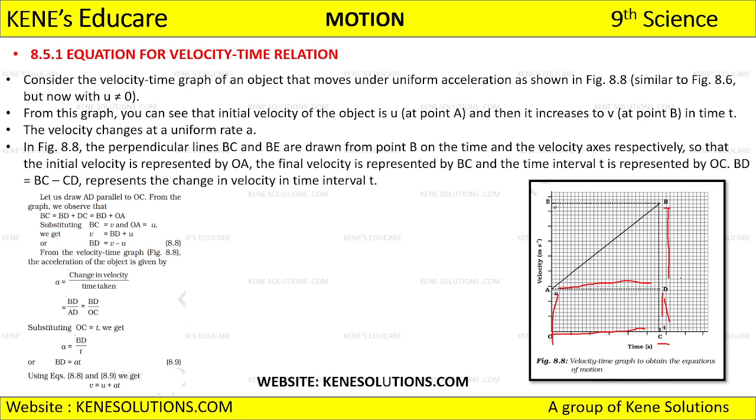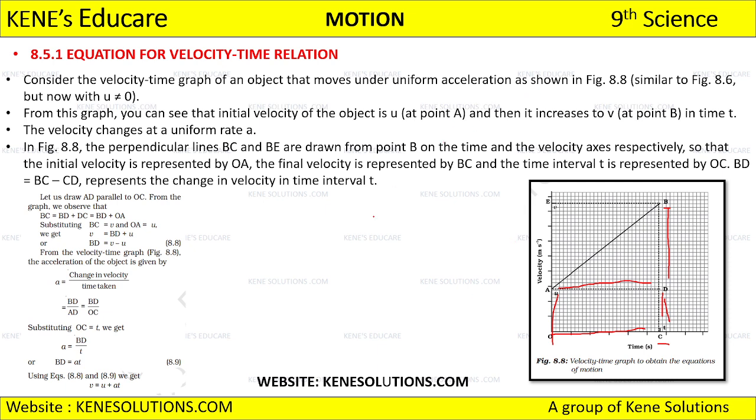So we will substitute BC as v and OA as u. It means v is the final velocity, u is the initial velocity. So final velocity becomes equal to BD plus initial velocity. So BD is equal to final velocity minus initial velocity. So this is how we get this formula.